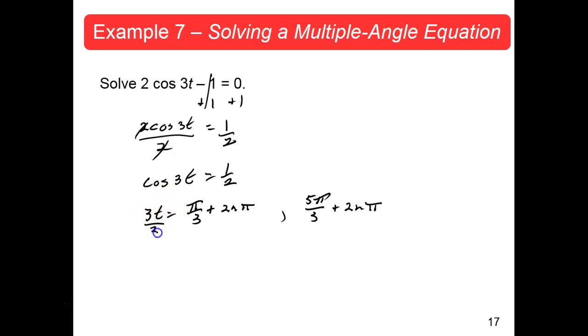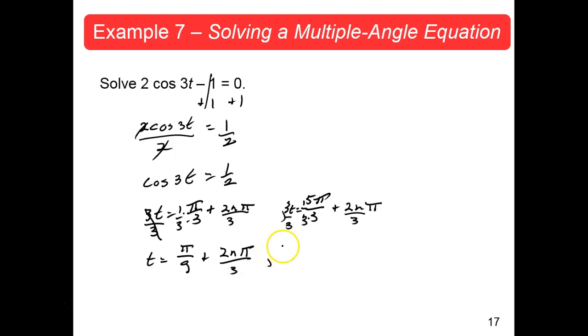So here I'm going to divide by 3. Here I'm going to multiply by 1/3, which is the same as dividing by 3. And here I'm going to divide by 3. Same thing here. This is also 3t. So I'll divide by 3. Okay, so what's my answer? This leaves me t is equal to pi ninths plus 2/3 n pi.